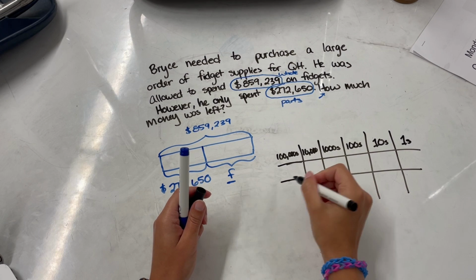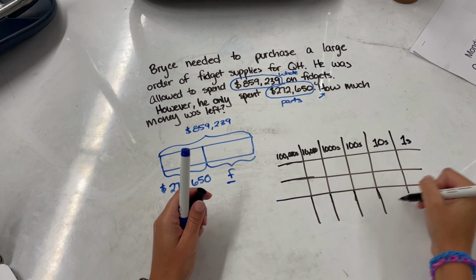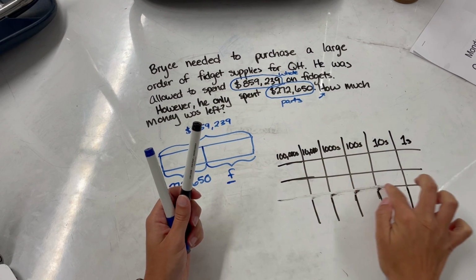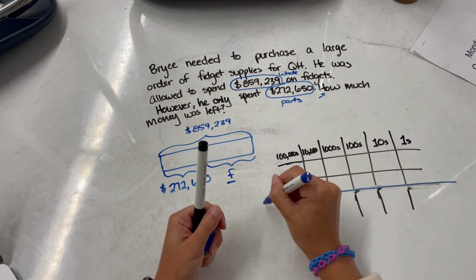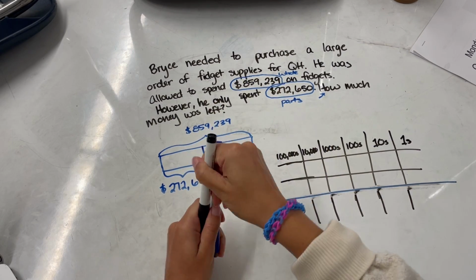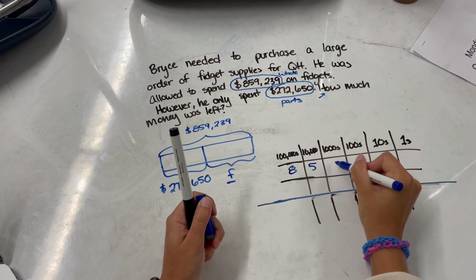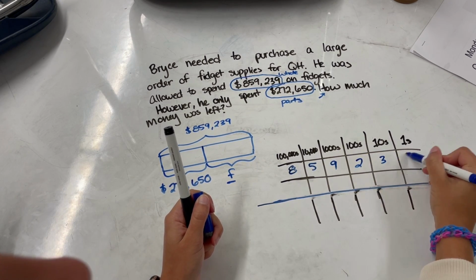So now I'm going to put my whole on top and my part in the second row. So that I don't get confused, I'm going to draw a different colored line at the bottom so I know where my answer will be. My whole is on top, like I said, $859,239.